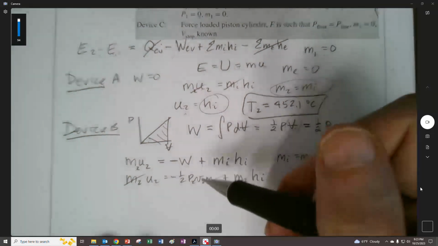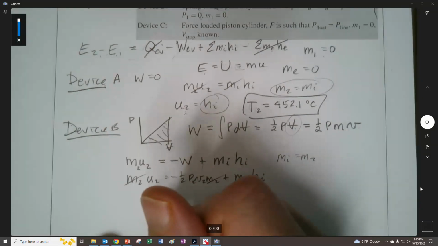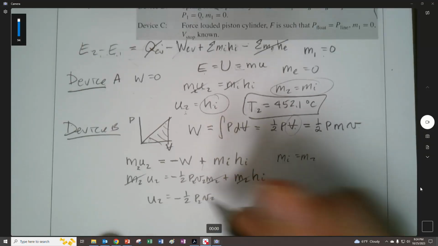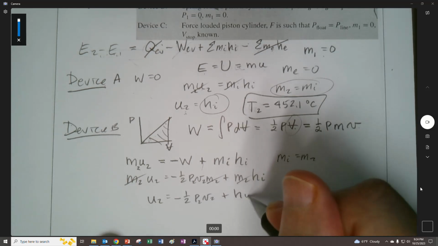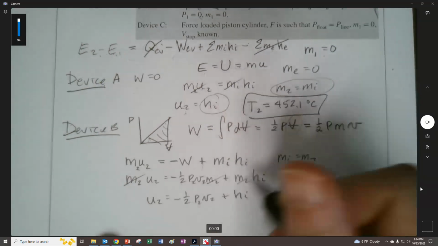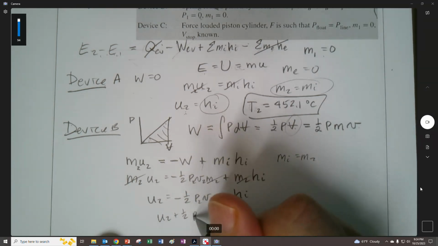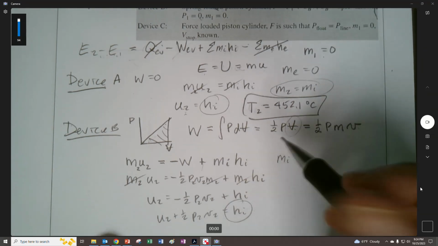Okay, so here's the thing. It's sort of a trick. What you're going to do is take U2 equal to, I'll write it again, negative 1/2 P2 V2, plus H1, right? So what it says is that U2 plus 1/2 P2 V2 is equal to that incoming H1. So we know this value right here.